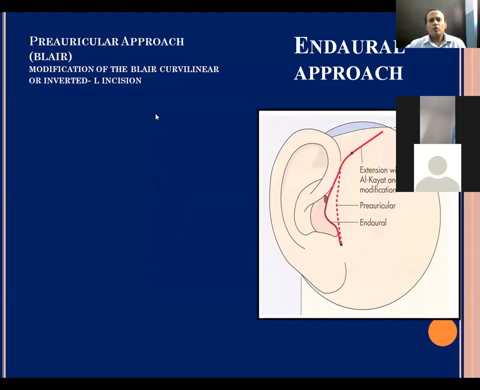So coming to the preauricular approach, it is also called Blair's approach. The incision is taken in the preauricular region. Once it involves removal of part of the ear skin, then it becomes endaural. If the incision is taken from behind, it becomes postauricular.